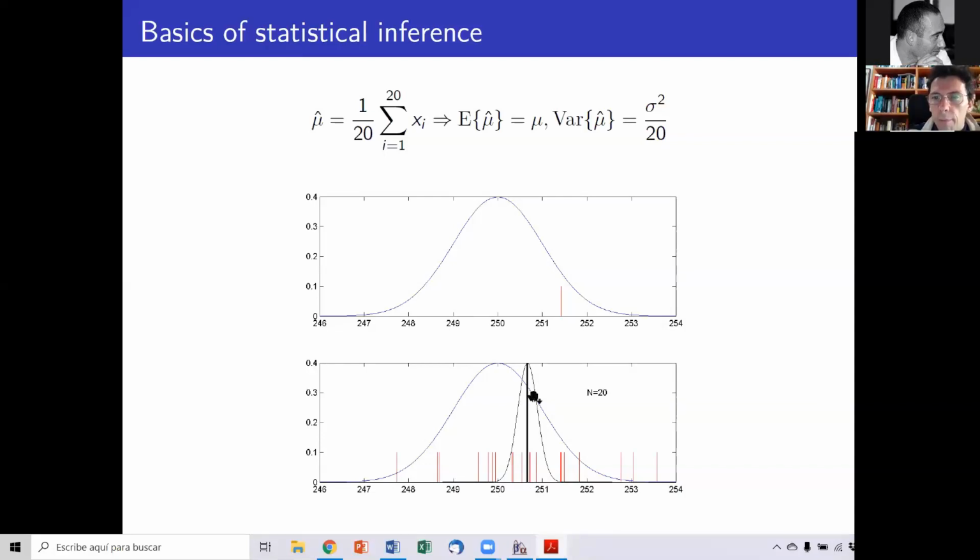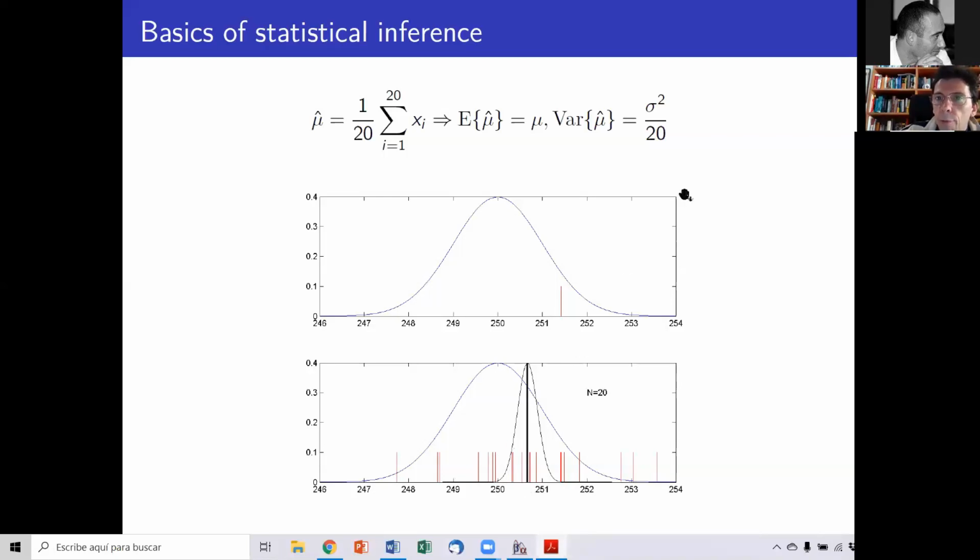Even if the deviation is only 0.6 milligrams, with 20 tablets I have enough power, enough evidence, to say that the machine is not correctly working, because it would be very unlikely that we observe such a high mean if the machine is really working correctly.